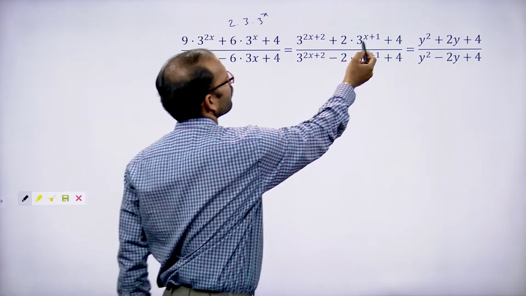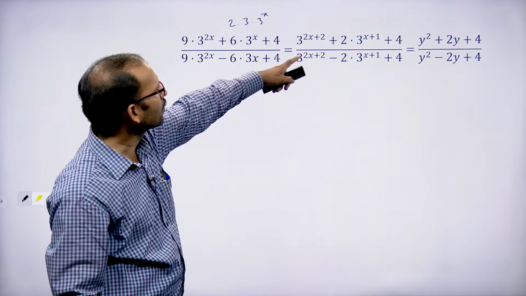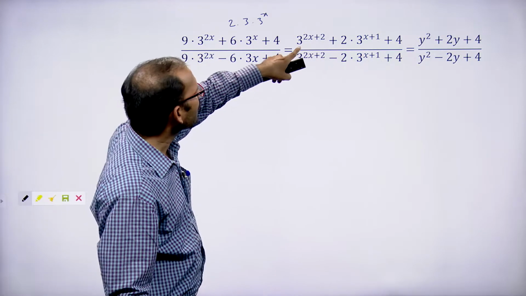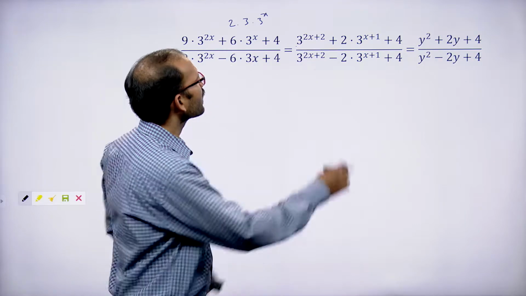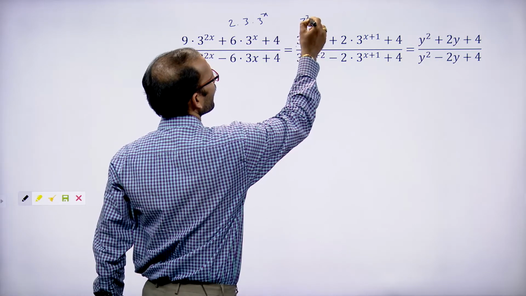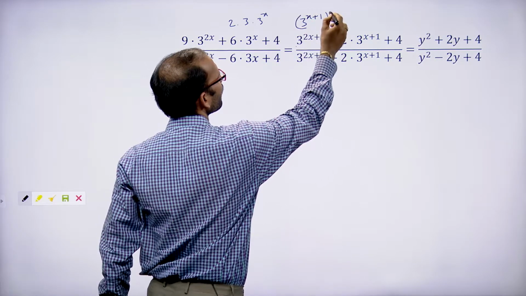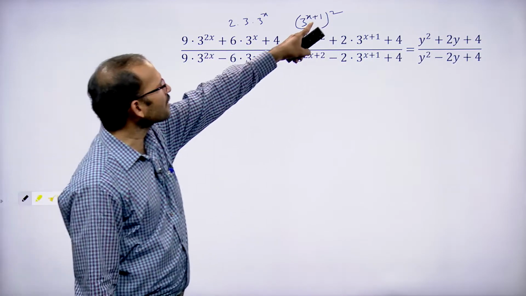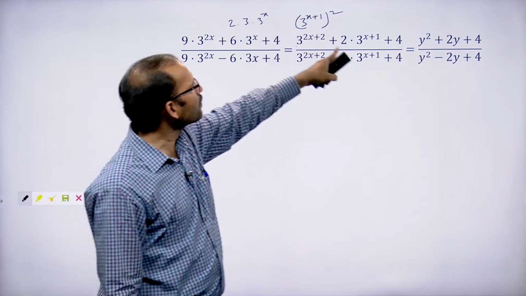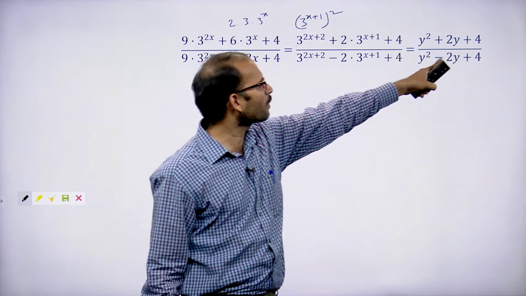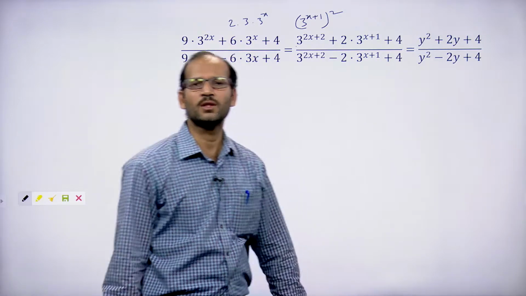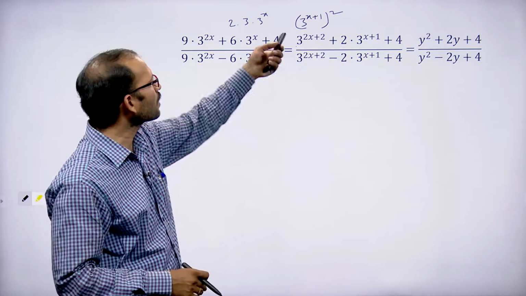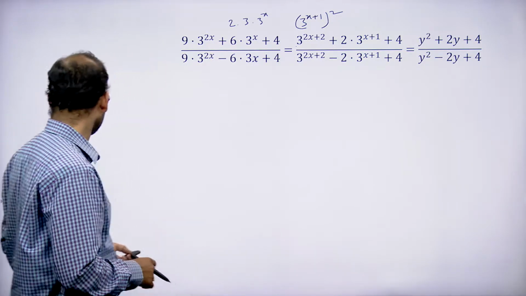So therefore 2 into 3 power x plus 1 plus 4. Similarly the denominator also. So this 3 power x plus 2 can be expressed as 3 power x plus 1 whole square. So if you consider 3 power x plus 1 as y, this becomes in the form of y square plus 2y plus 4 by y square minus 2y plus 4. So we are converting the given expression into this form, nothing else. What is y here? y is 3 power x plus 1.